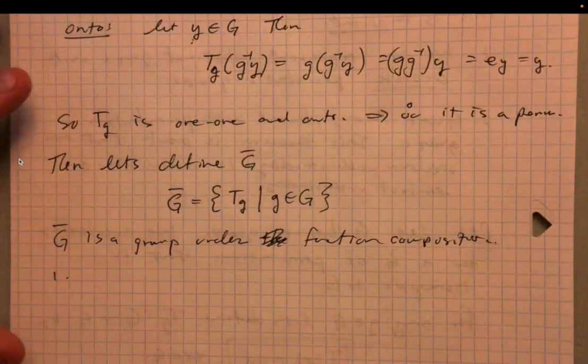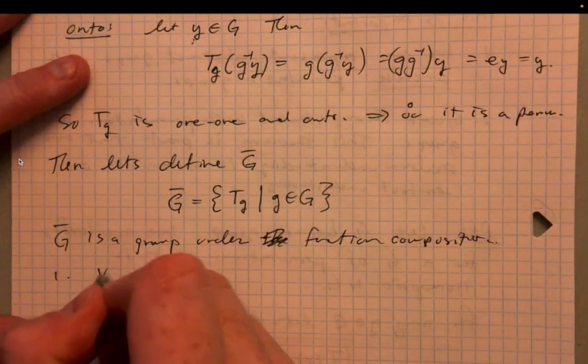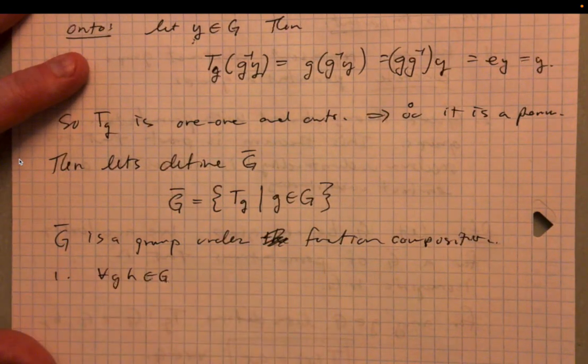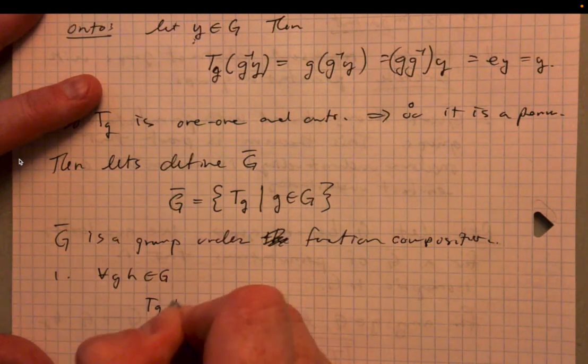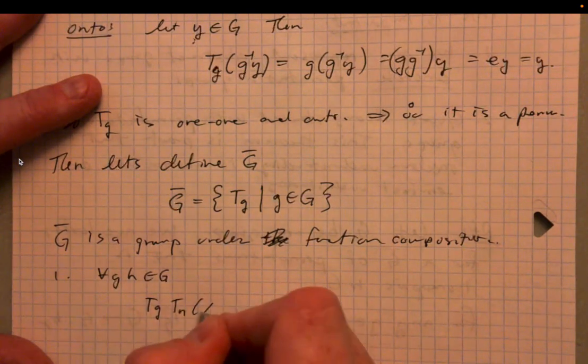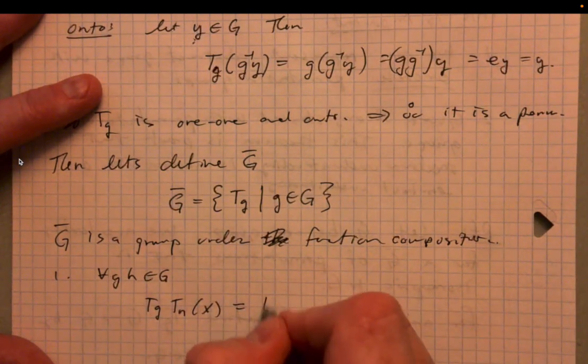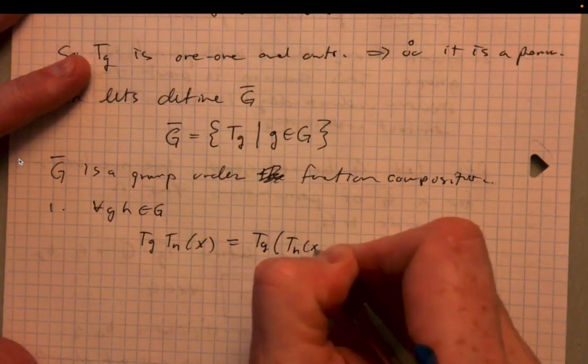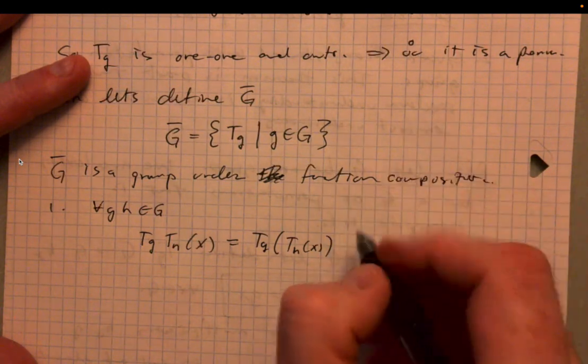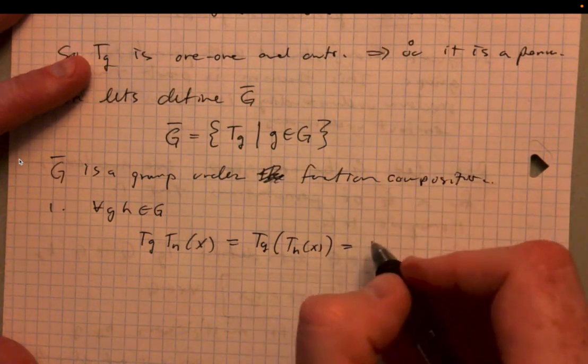We can verify this. First of all, for all g and h in G, we have T sub g composed with T sub h of x, which, when you evaluate T sub h of x, you get h x.